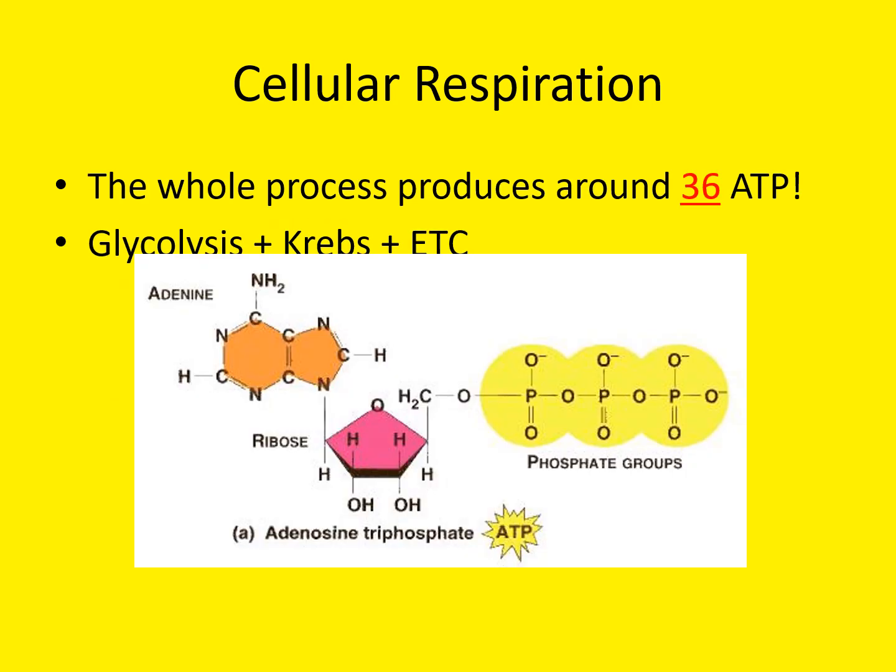So the whole process produces between 36 to 38 molecules of ATP. We get 2 molecules of ATP from glycolysis, which occurs in the cytoplasm. We get 2 molecules of ATP from the Krebs cycle, which occurs in the mitochondria. And we get 32 to 34 molecules of ATP from the electron transport chain, which also happens in the mitochondria.